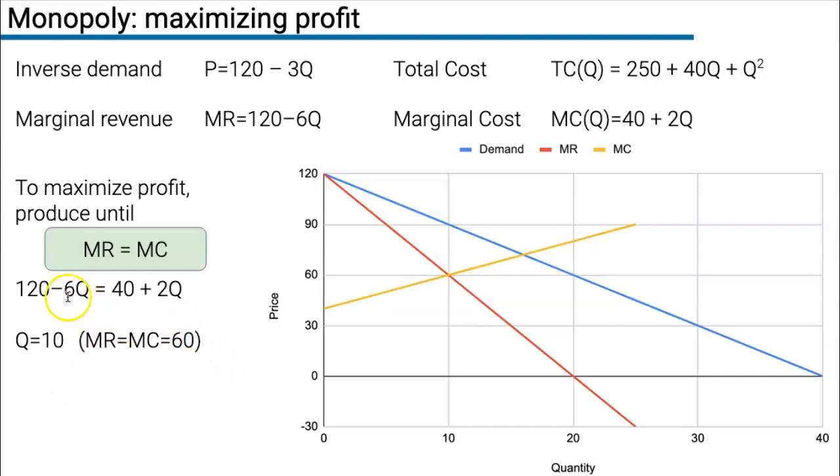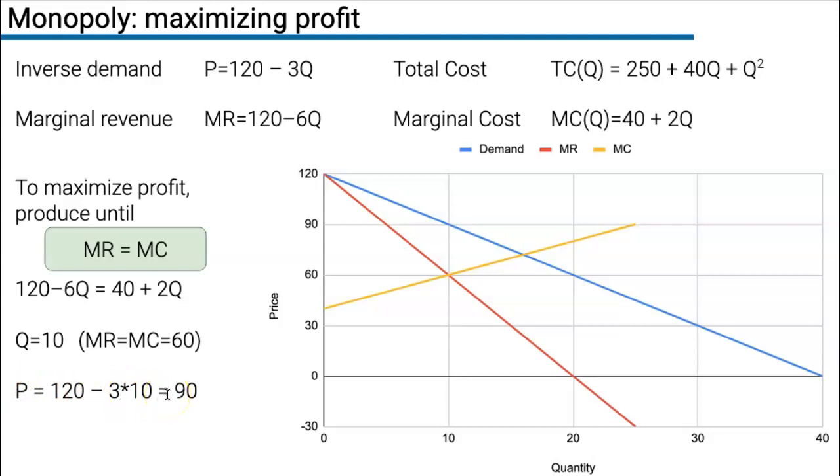It only uses marginal revenue and marginal cost to determine the profit maximizing output, but to determine the price, it needs to go back to the demand function and see what price it can set to sell 10 units of output. So taking this profit maximizing quantity of 10 and plugging it into the inverse demand function gives us the price of 120 minus 30, $90.